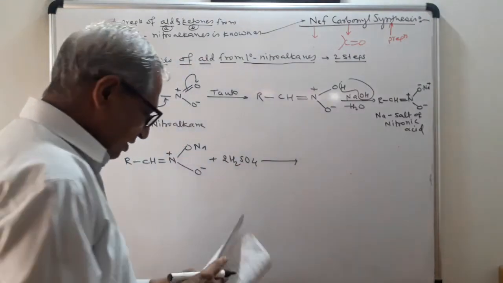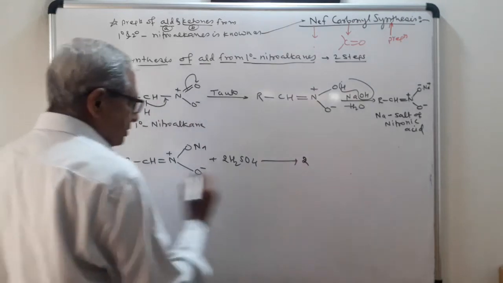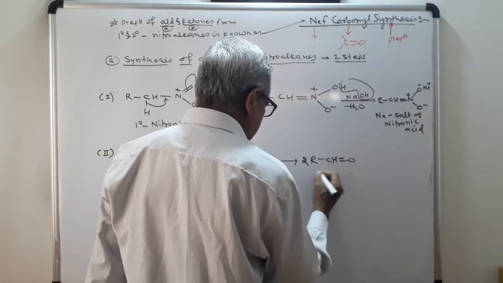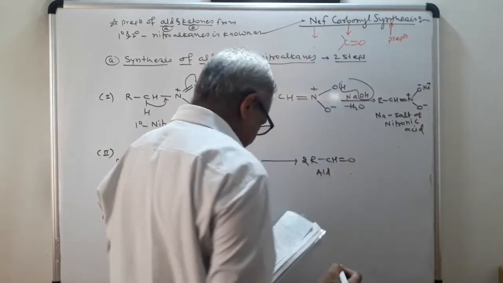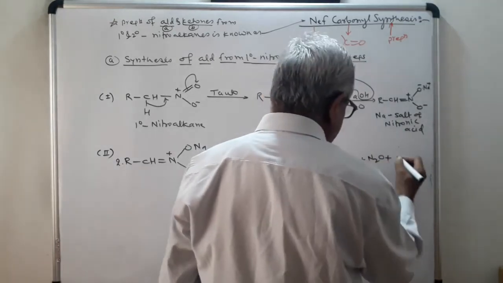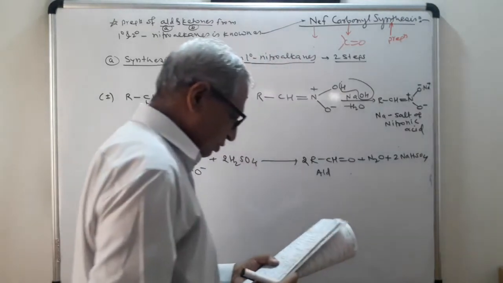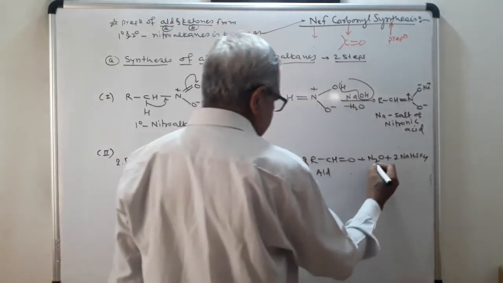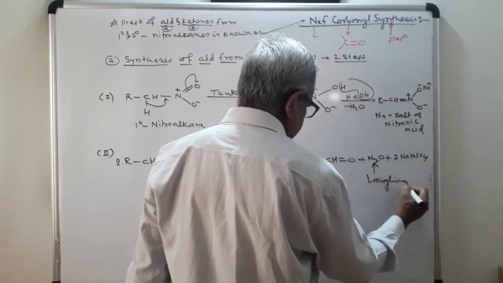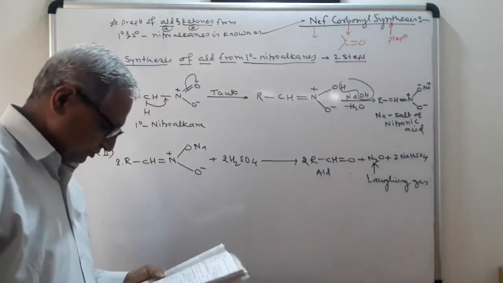You will get the product aldehyde 2 times, so you need here a 2 times RCH double bond O. This is the formula for aldehyde, plus you will get nitrous oxide, plus 2 molecules of sodium bisulfate, NaHSO4. Nitrous oxide is known as laughing gas. So remember that you will get this structure.